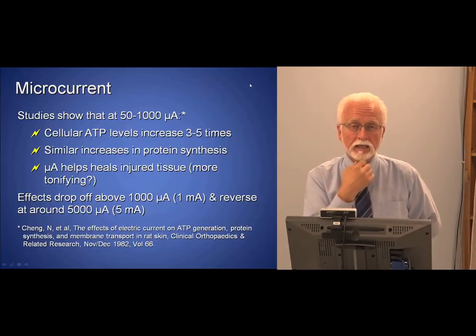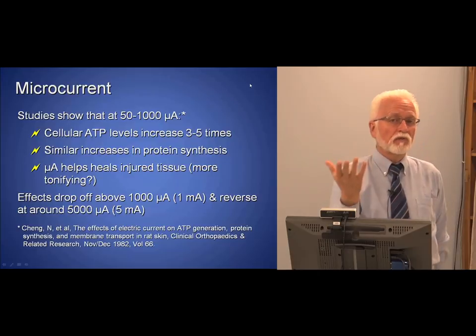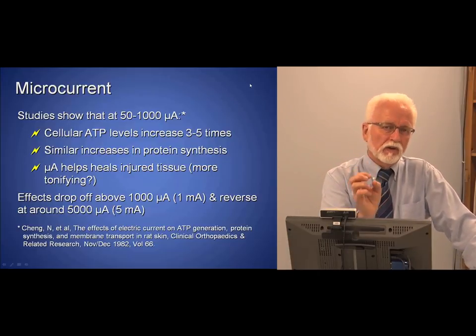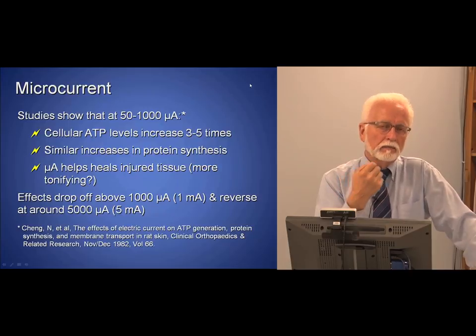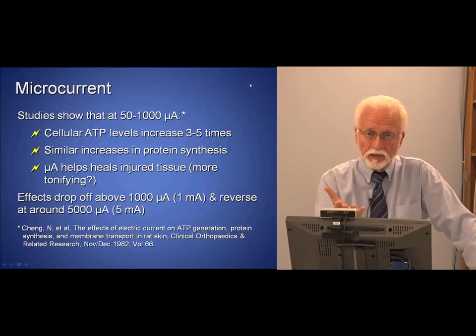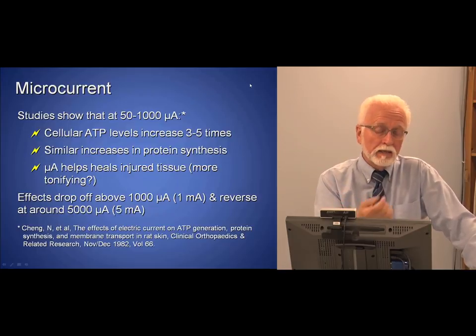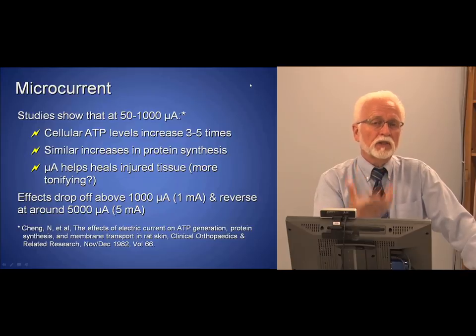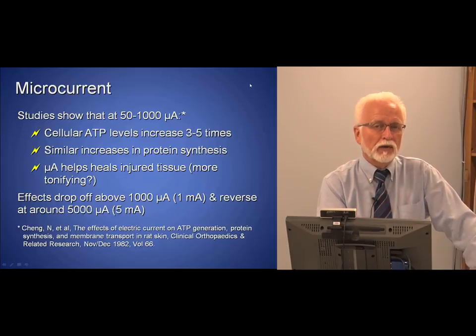We would probably say in acupuncture terms, that's more tonifying. Microamps, again, it's smaller, it's more tonifying. So it's used for healing. And in Western medicine, it's used for bone healing, it's used for wound healing, it's used for a variety of things like that, where tissue is not healing properly, let's put some microamp in there.